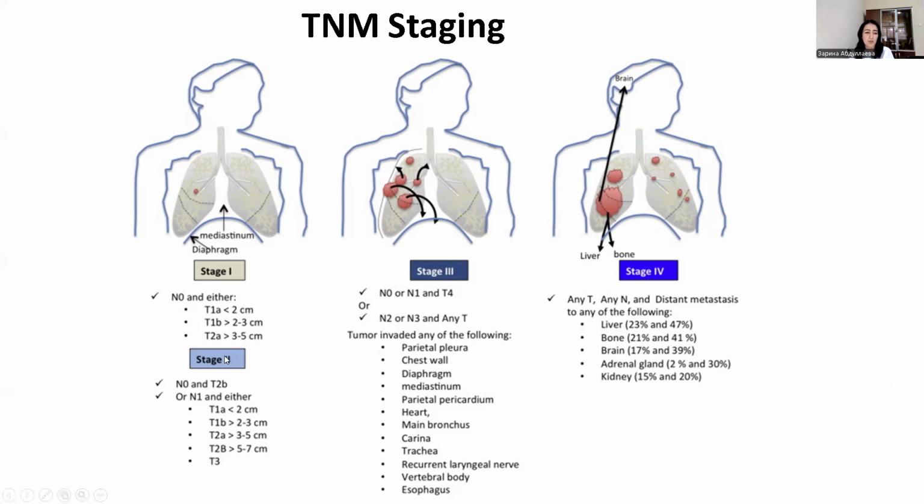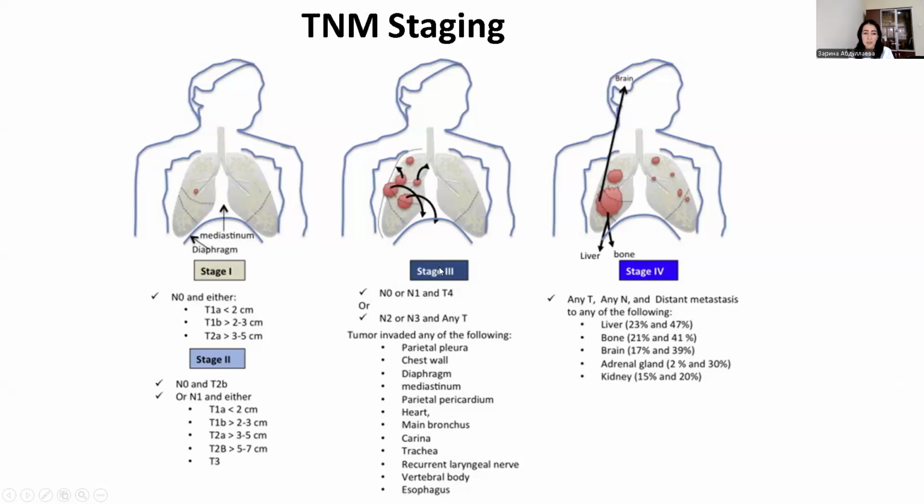The size of the tumor will be up to 3-5 centimeters. Stage 2, here there will be an increase in the size of the tumor. It may be up to 5-7 centimeters, but here also maybe N1, which means metastasis to the nearby lymph nodes.